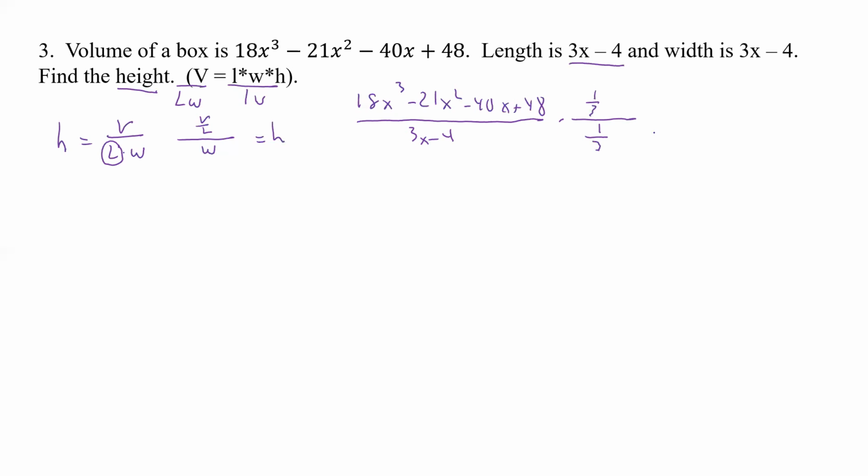So we multiply that by 1/3. So 18 divided by 3 is 6x cubed. 21 divided by 3 is 7, so minus 7x squared. 40 divided by 3 is 40 over 3, so minus 40 over 3. And then plus 48 divided by 3, that's going to be plus 16, all over x minus 4/3.